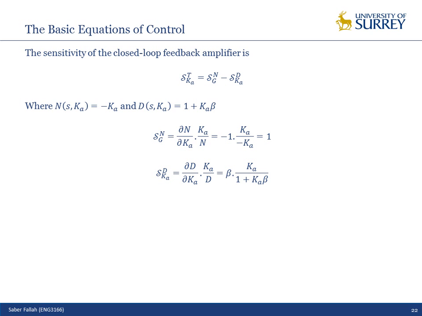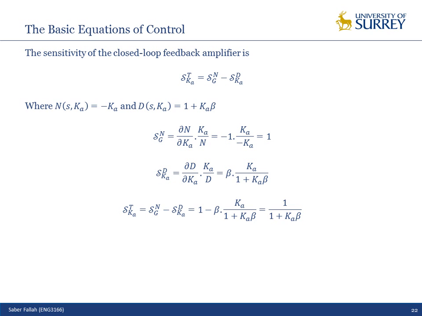If you do the calculation, it will be this relation: Ka beta over 1 plus Ka beta. Did you see the typo? Yes, G is Ka here and here. So the final sensitivity of the transfer function T against Ka will be 1 minus beta Ka over 1 plus Ka beta, which is equal to 1 over 1 plus Ka beta.